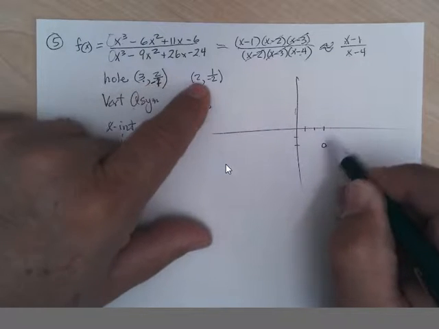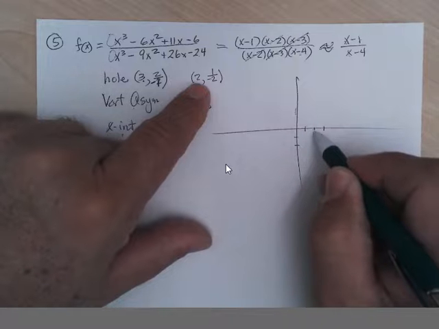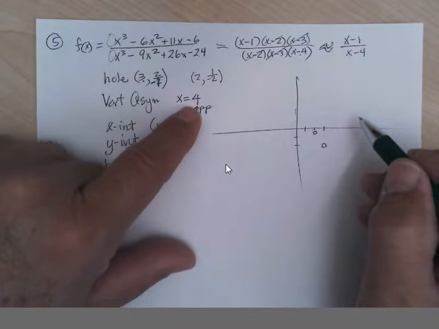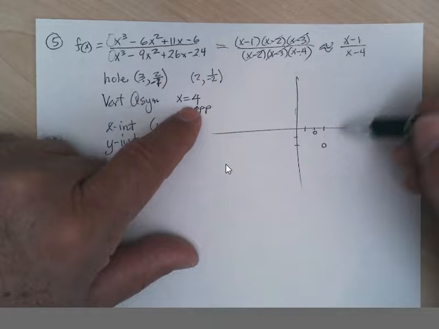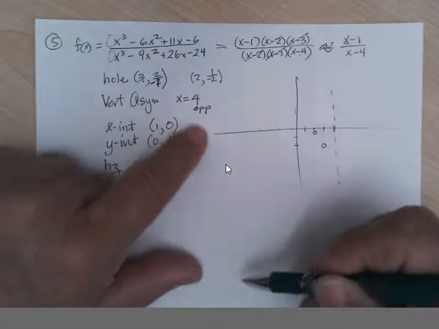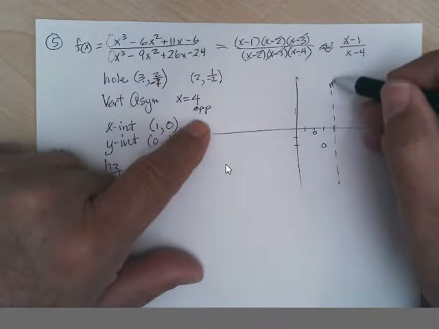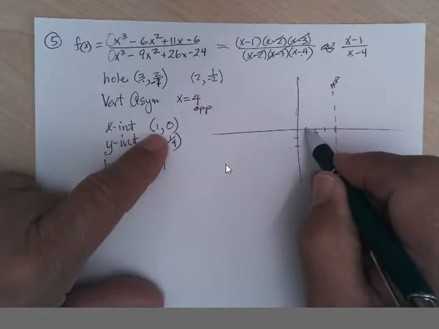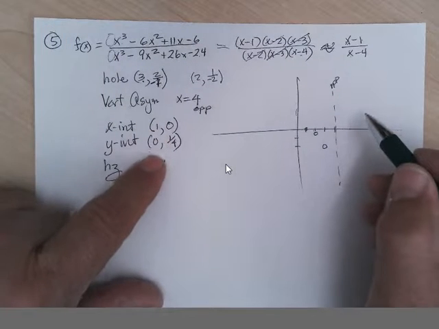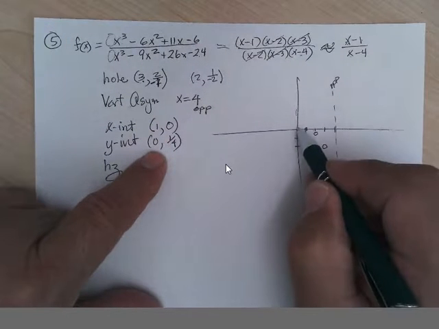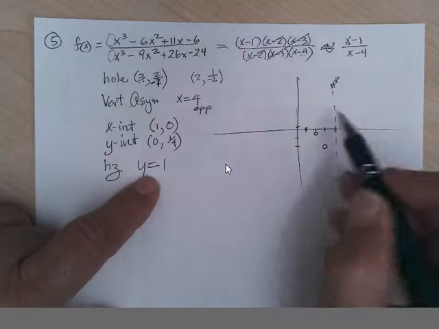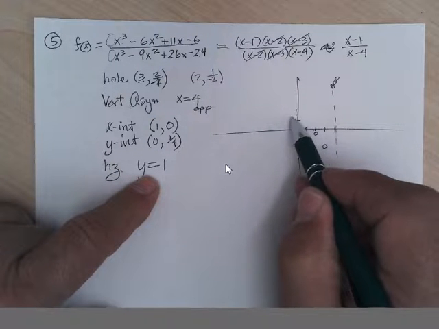It has a hole at 2, negative 1/2. Has a vertical asymptote at 4, and it goes opposite directions at it. Has an x-intercept at 1 and a y-intercept at 1/4, and a horizontal asymptote of y equal 1.